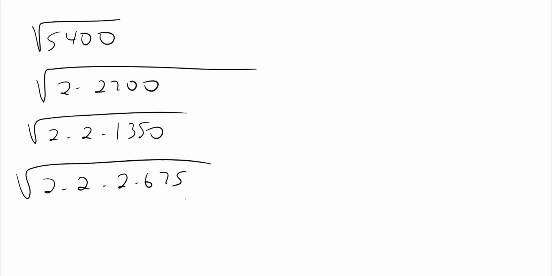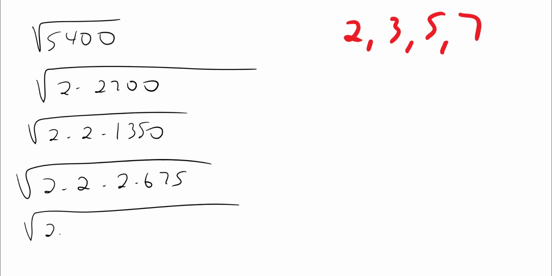Okay, I know I can't do 2 anymore, so I'm going to try, I can do 5, but I'm going to do 3. I'm just going to work my way up. I like 3, it's good. So 2, 3, 5, and 7. Work my way up. Well, 675 divided by 3. Hey, good, it works. Okay, so I'm going to get 2 times 2 times 2 times 3 times 225. Okay, I'm going to divide that 225 by 3.